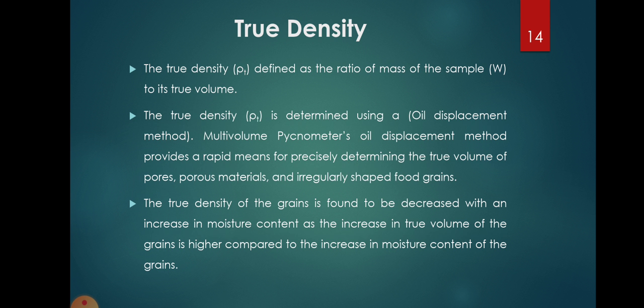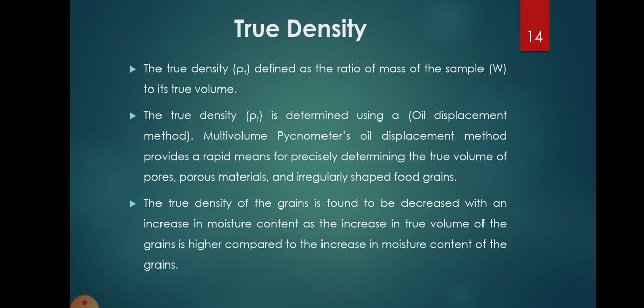So the true density rho t is determined by using liquid displacement method or oil displacement method. Multi-volume pycnometers oil displacement method provides a rapid means for precisely determining the true volume of porous materials and irregularly shaped food grains.